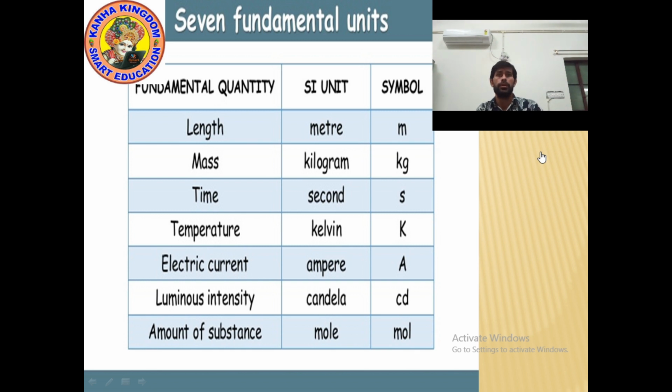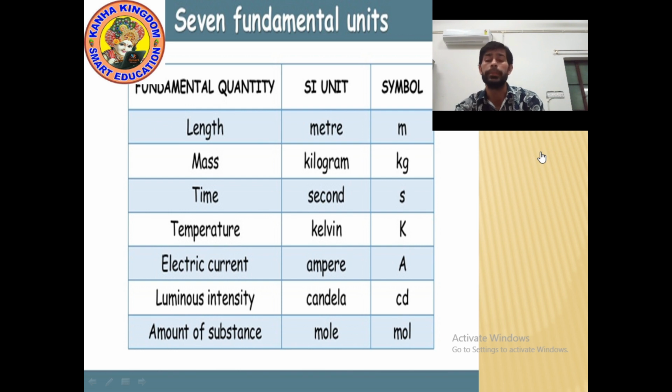These are known as fundamental quantities, or fundamental SI units. First is length. What is the SI unit of length? Meter. And what symbol do we use for meter? Small m.